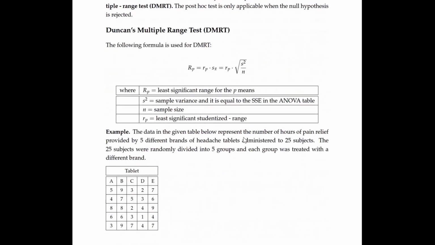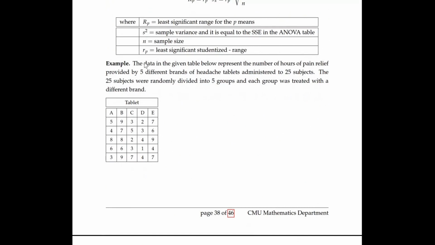Since we already discussed this example in illustrating the one-way ANOVA, and we have decided to reject the null hypothesis and concluded that there is a significant difference among the 5 mean number of hours of relief provided by the different brands of tablet.